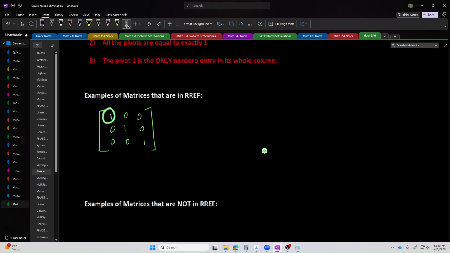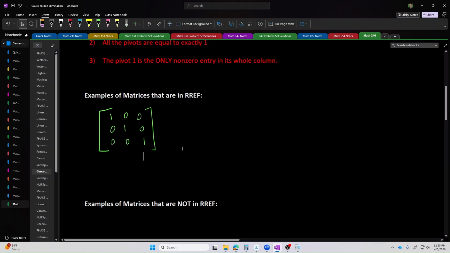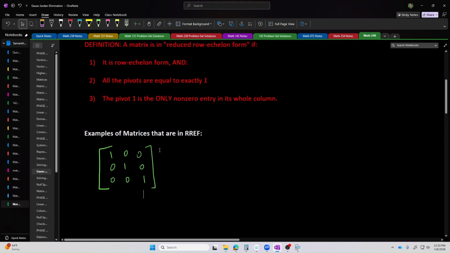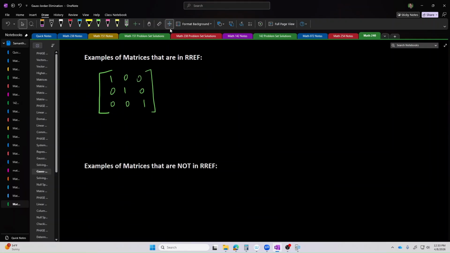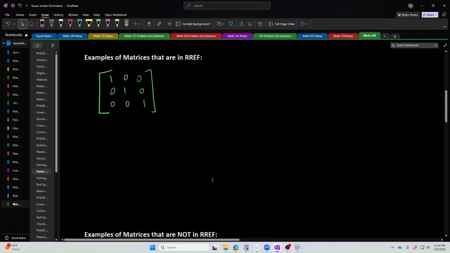Now notice all 3 of the pivots are equal to positive 1 exactly. Additionally, if I look below the 1 and if I look above the 1, I can see that every other entry in the column with these ones is 0. So this 1 is the only non-zero entry in the entire column. This matrix is in reduced row echelon form.